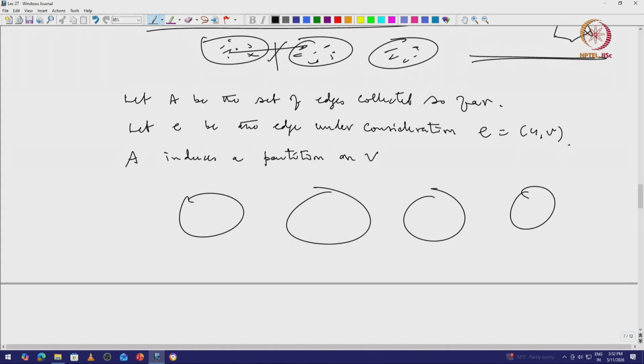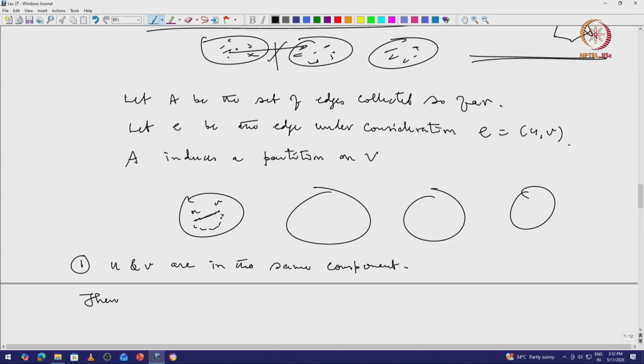Two scenarios. U and V are in the same component. Then they are already connected.